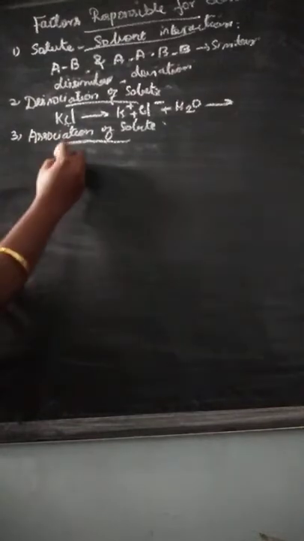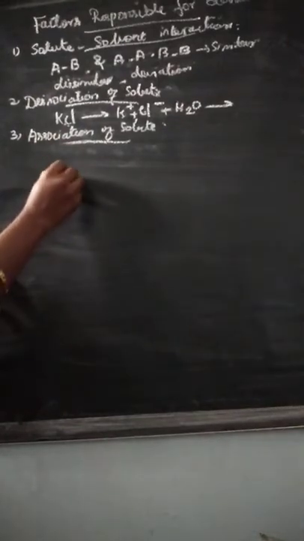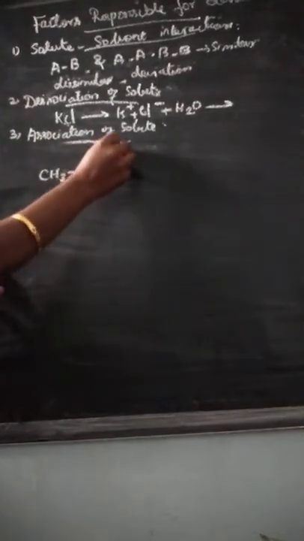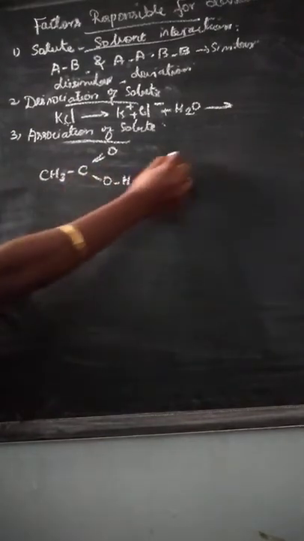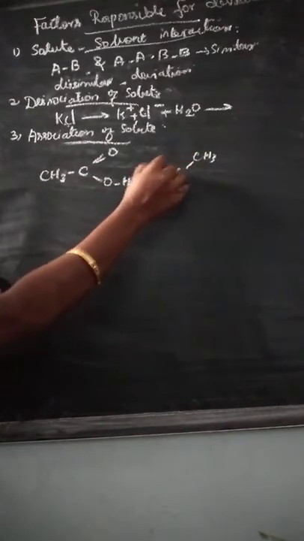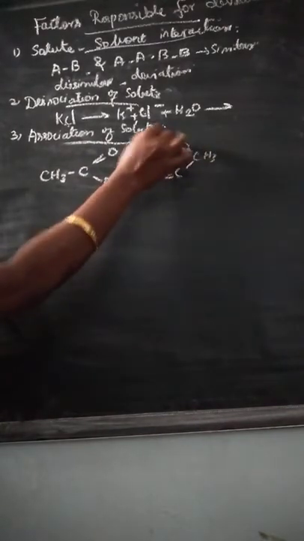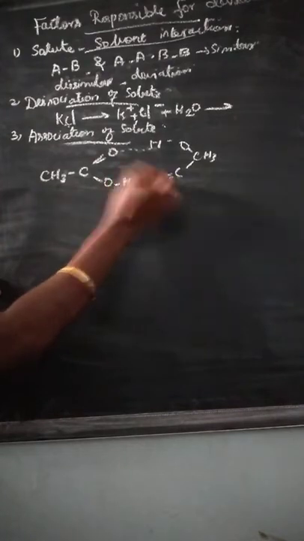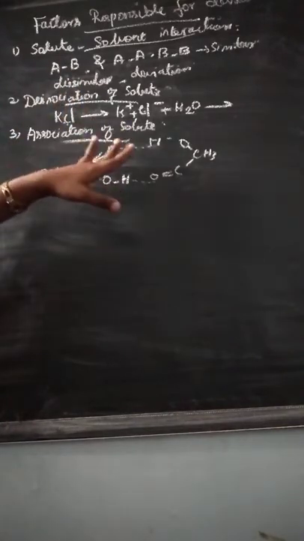So you can consider a simple example, acetic acid. CH3 COOH, C double bond OH. The same way, one more molecule we can write, CH3 C double bond OH, and we can write this O-H. So this is association of solute. This association of solute molecules also can cause deviation from ideal behavior.